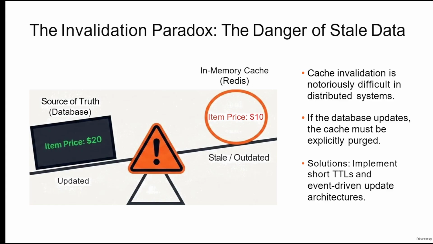Stale is something which has satisfied its objective and now holds no value. So cache invalidation is notoriously difficult in distributed systems. If the database updates, the cache must be explicitly purged, where purged means deleted.